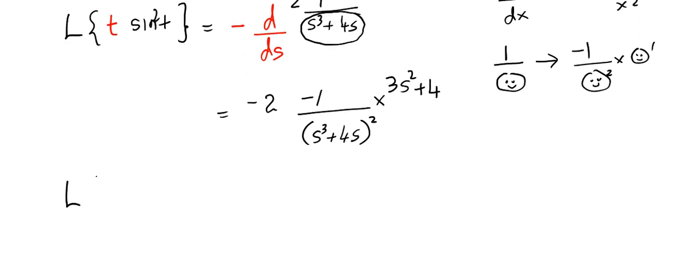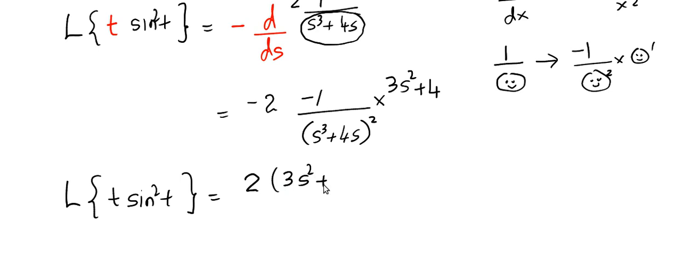That means Laplace of t into sine square t is equal to 2, it became positive, 3s square plus 4, the whole divided by s cube plus 4s the whole square.